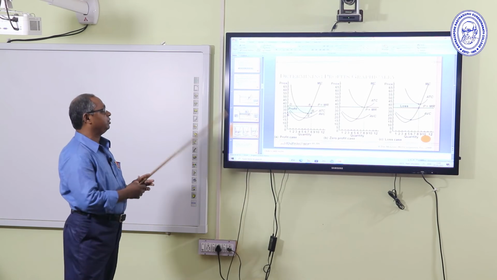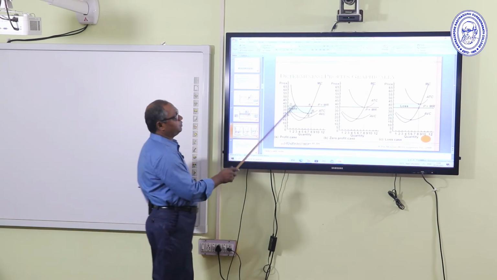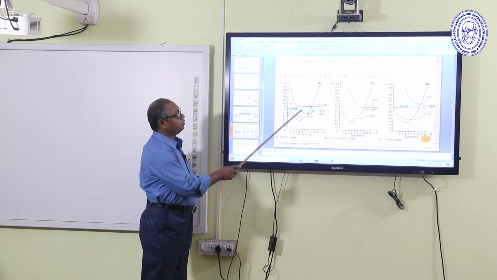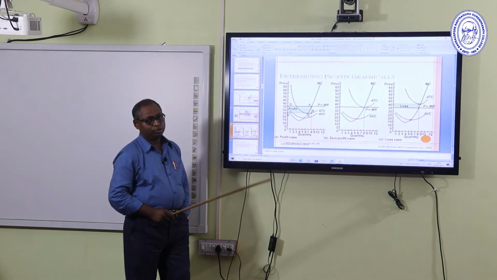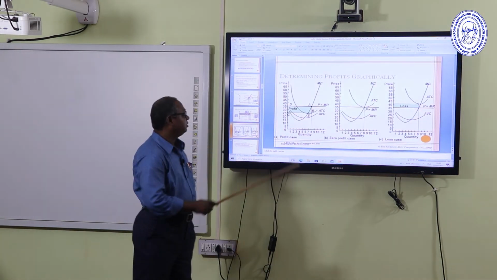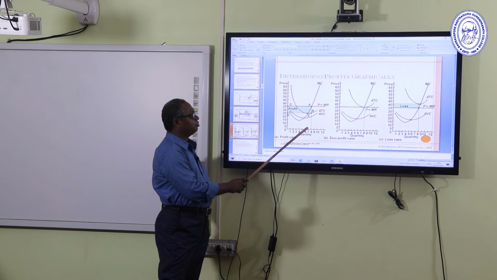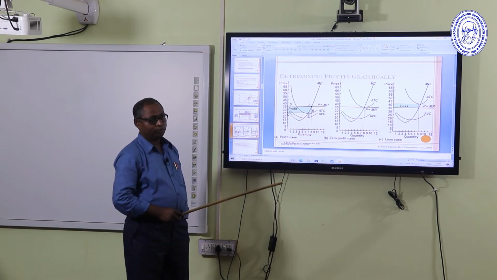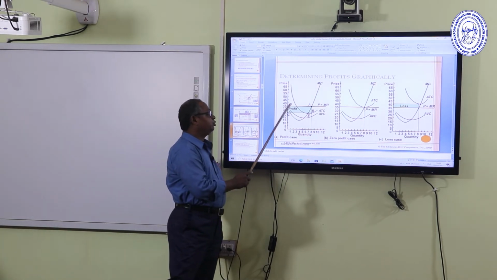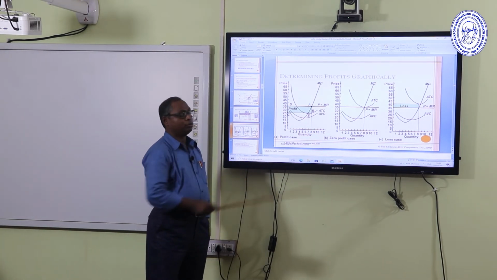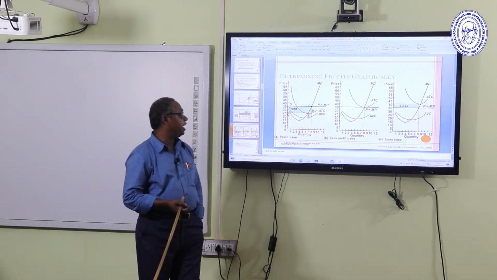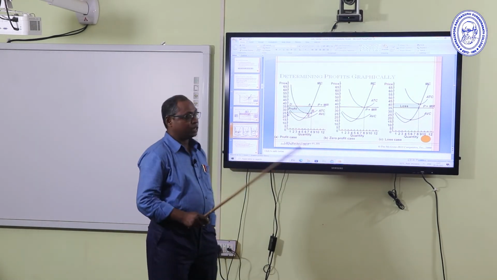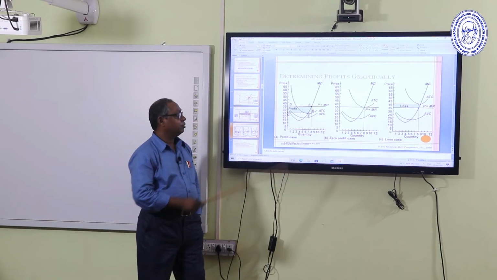So what is the difference here? In the first figure, total revenue earned by the firm should be greater than the cost incurred by the firm. So as total revenue is greater than total cost, there is a positive profit, and the profit amount is A, B, C, D, and this is the supernormal profit.